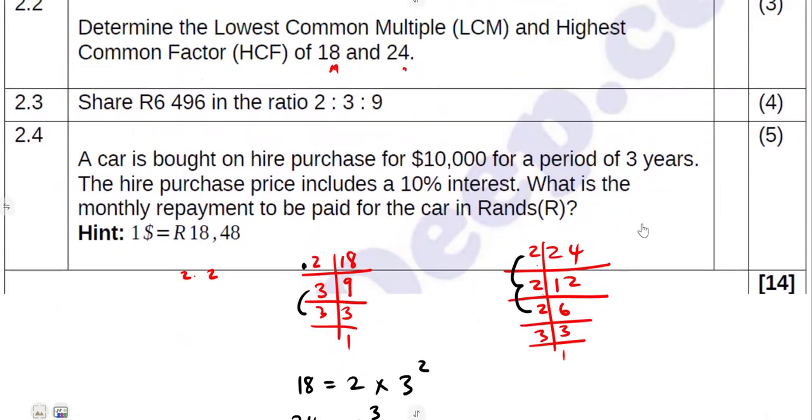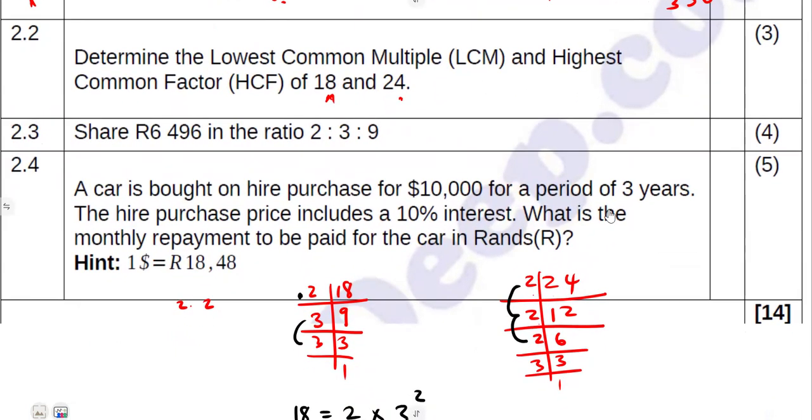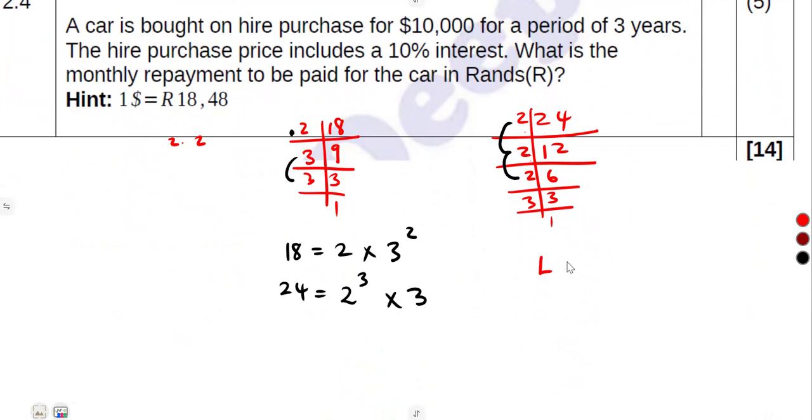So we are asked to determine the LCM and the highest common factor, HCF. So the LCM, it is a multiple. It contains every term. Where it is common, you take where you have got the highest power or the highest exponent. So where is it that we have got the highest exponent? Because 2 is common, the highest exponent is here, so we take 2 to the exponent of 3. 3 is also common.